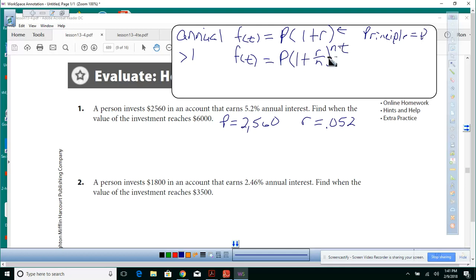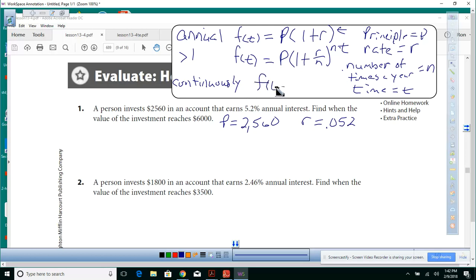equals P. And R is always the rate. And the number of times a year is going to be N, and time, number of years, would be T. Continuously, if interest is done continuously, that's F of T equals P times E to the RT power.